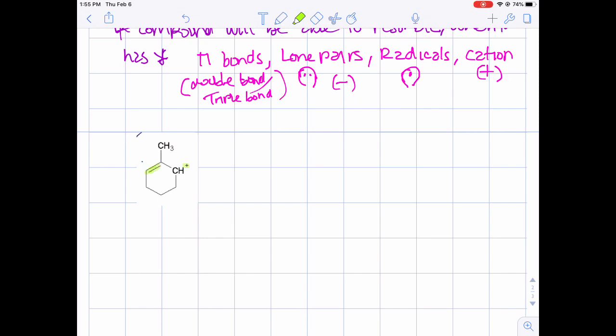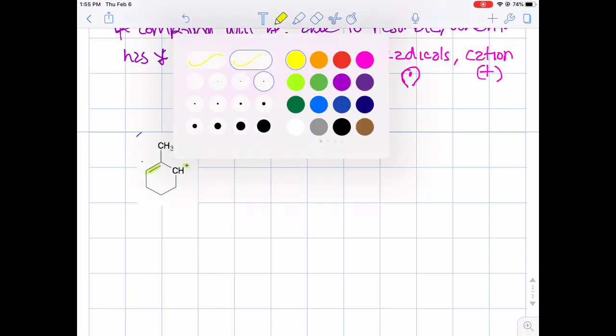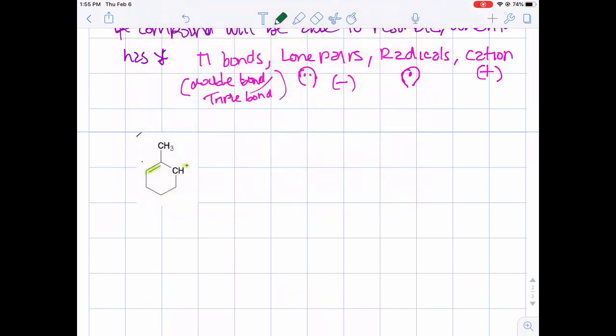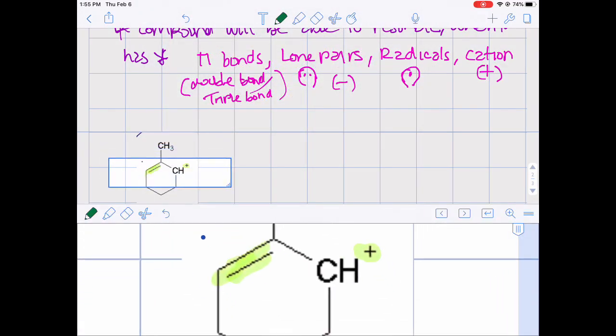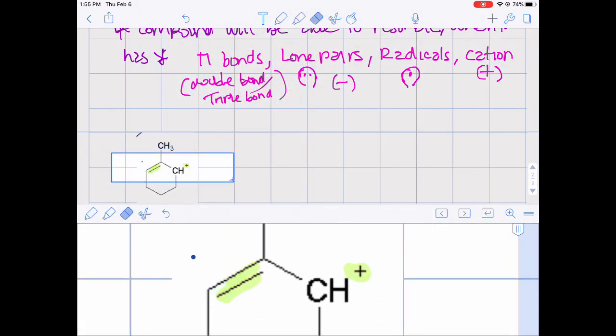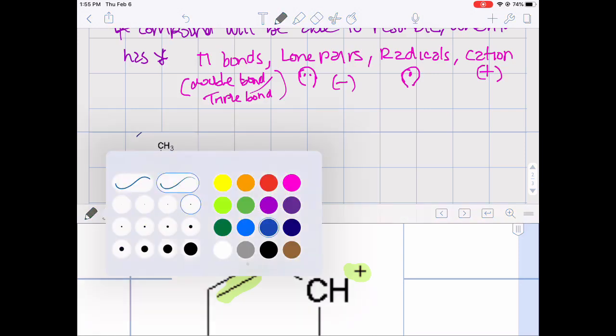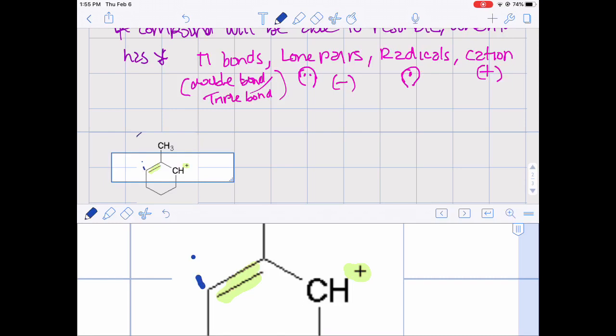So our criteria for conjugation is that you have three different atoms that are adjacent to each other that are able to resonate. If we look at this, you have carbon 1, carbon 2, and carbon 3.